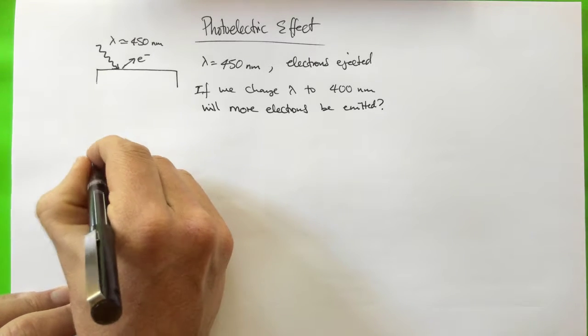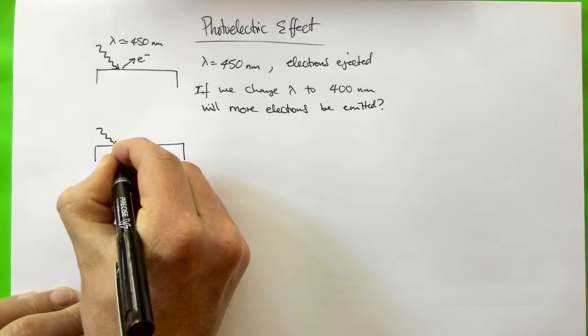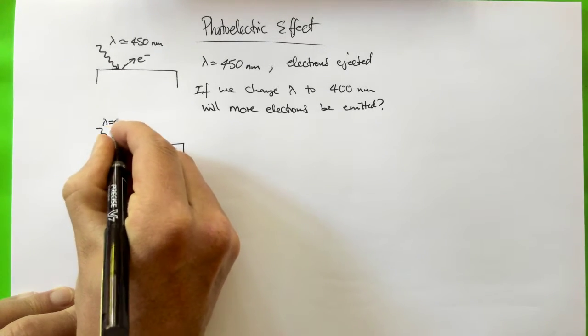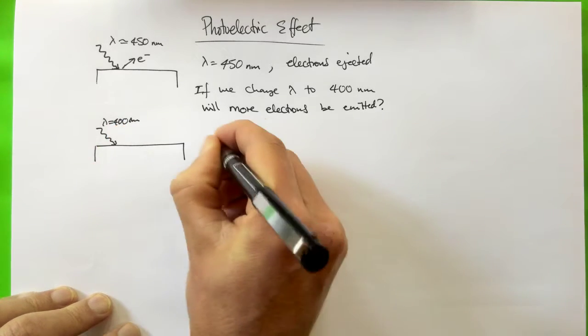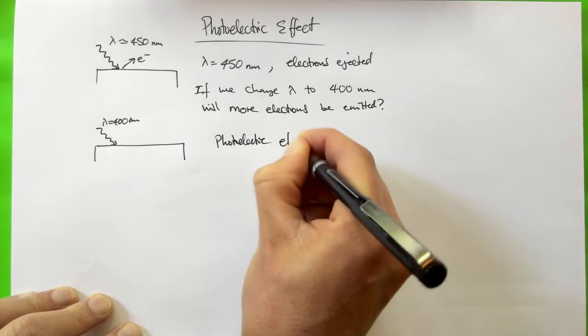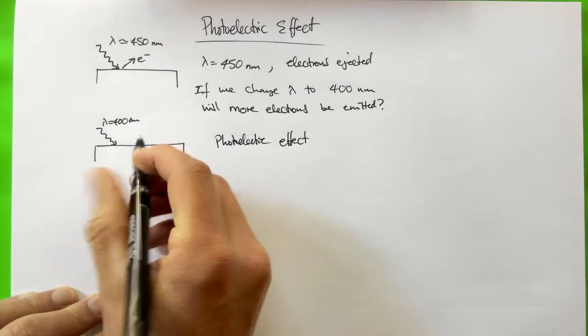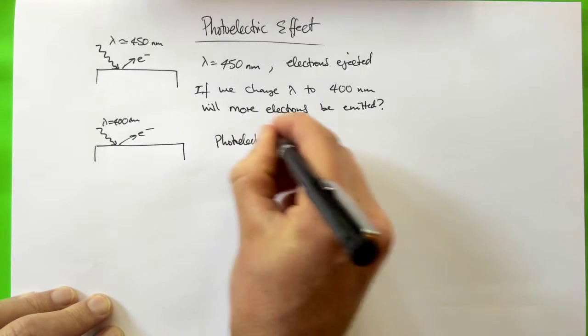Okay, so let's draw a new picture and add some more detail. So imagine now case 2, lambda equals 400 nanometers. Now, one of the rules about the photoelectric effect is that one single photon liberates one single electron.